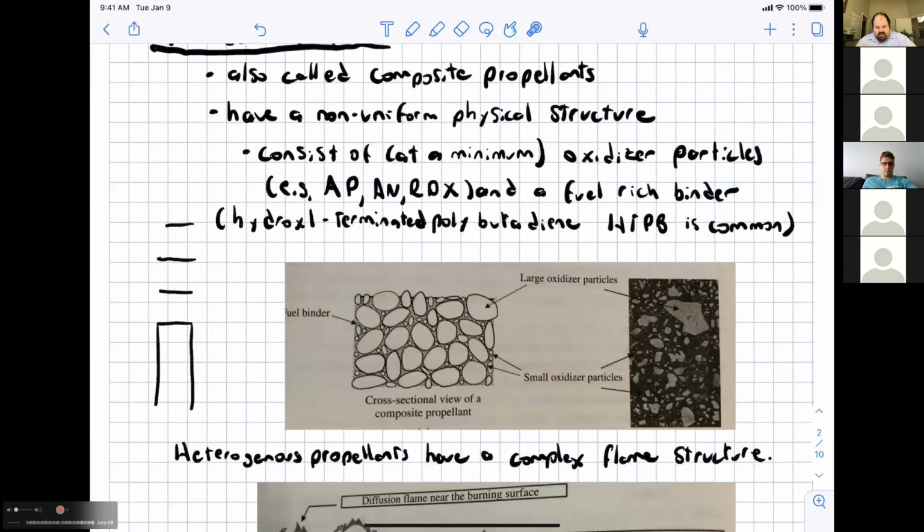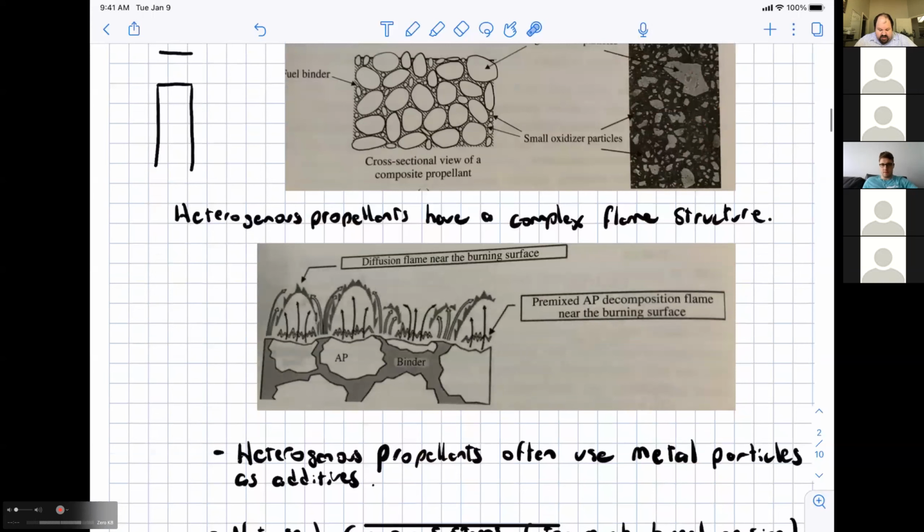But now what makes a composite propellant complicated is that the flame structure is by definition never truly 1D, because these oxidizing crystals will burn differently than the fuel-rich binder. And if you look at this picture here, where we have a schematic diagram of the flame structure, it's not a nice flat flame structure like you'd get for a homogeneous propellant, but it is very complicated. You have what are called diffusion or non-premixed flames.